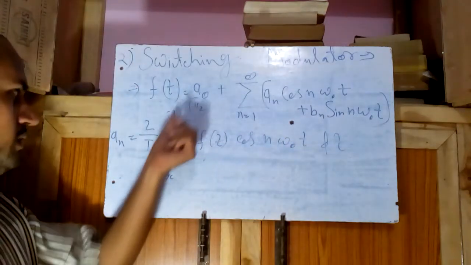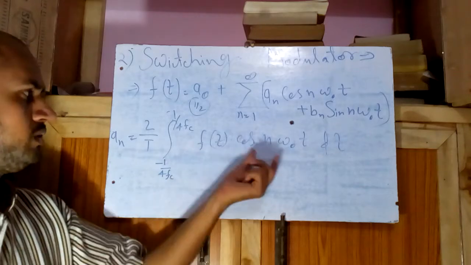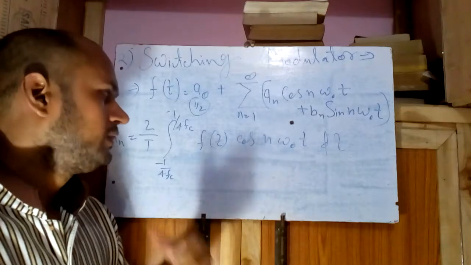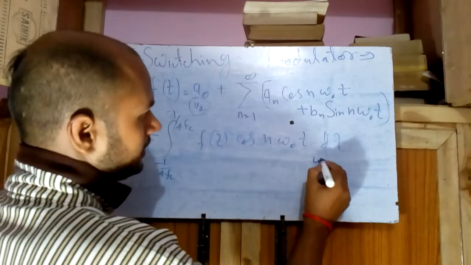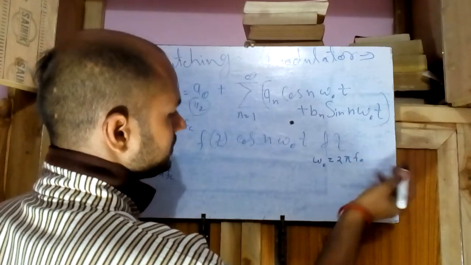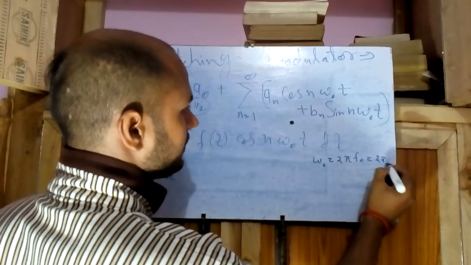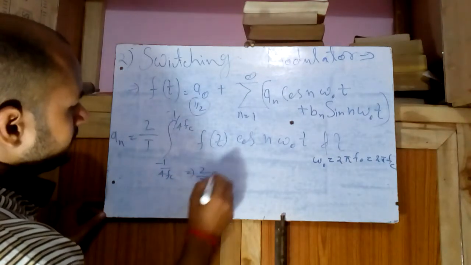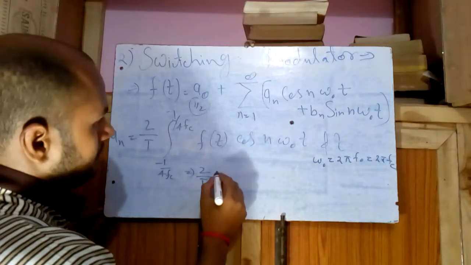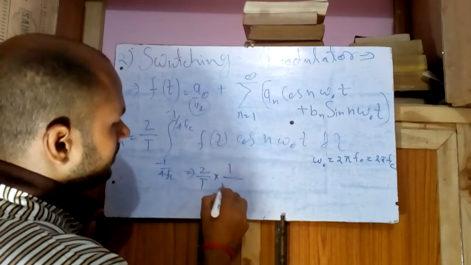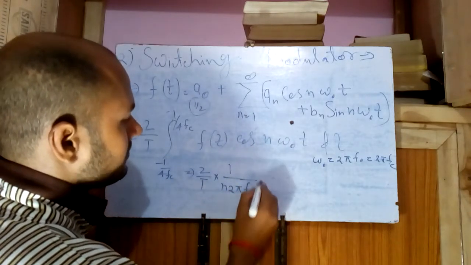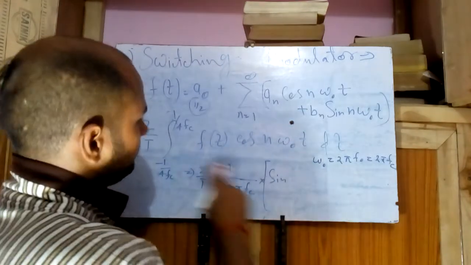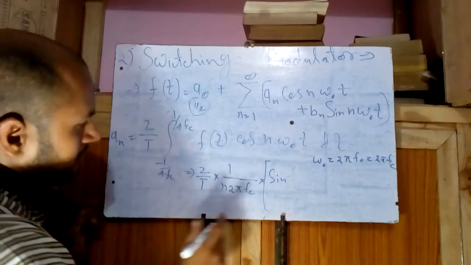Ft is the gate pulse. In this range it is 1, so it has become 1, and the integral of cos n omega naught t will be sin n omega naught t divided by n omega naught. Omega naught is 2 pi f naught, f naught is Fc, 1 by T, so that is 2 pi Fc. So 2 by T sin, right, into 1 by n omega naught, that means n, 2 pi Fc into sin, from 1 by 4 Fc to minus 1 by 4 Fc.